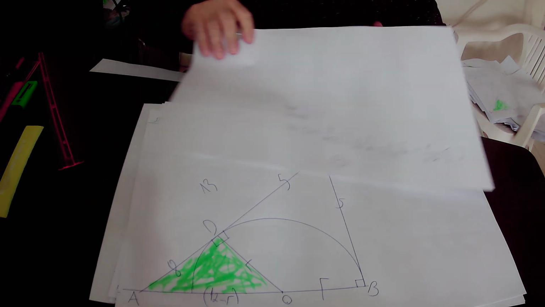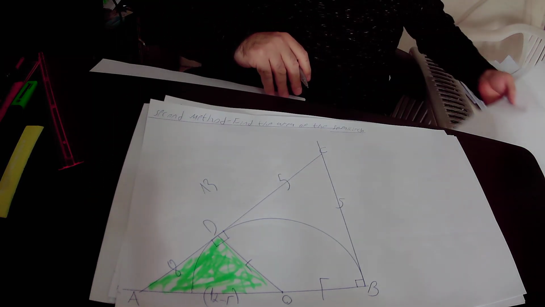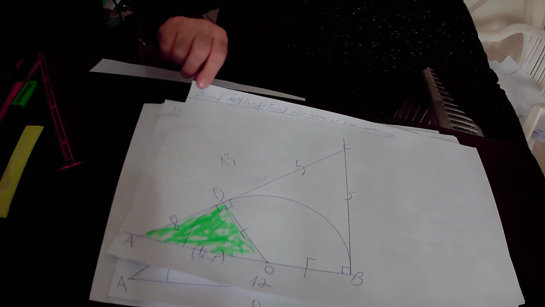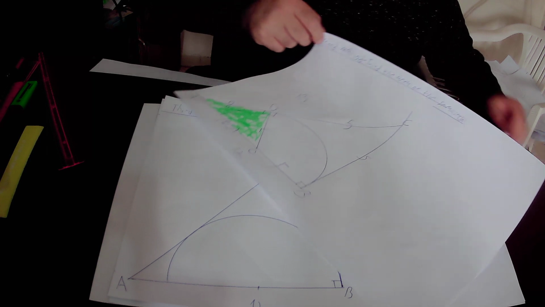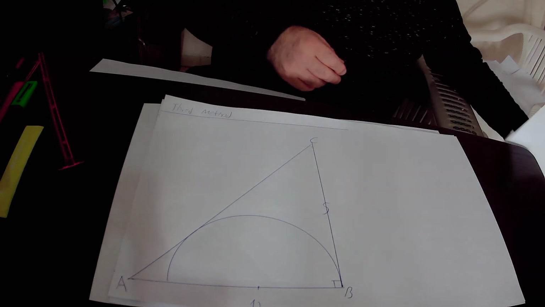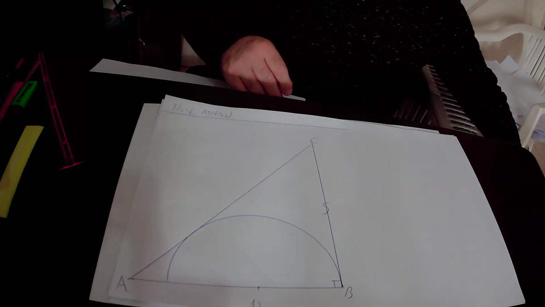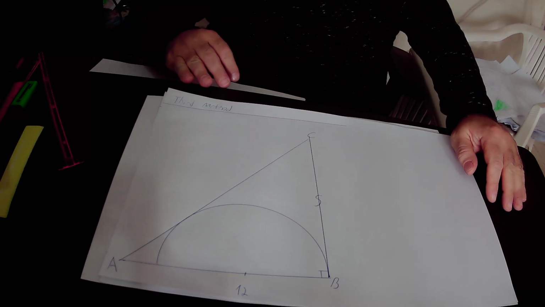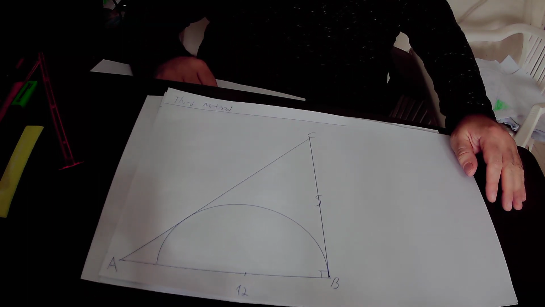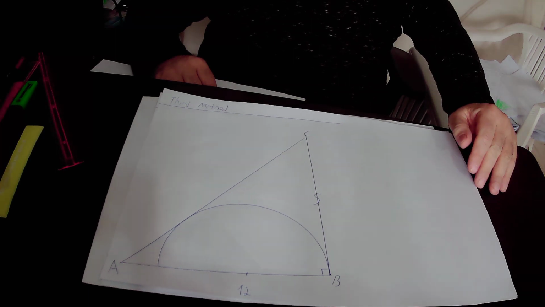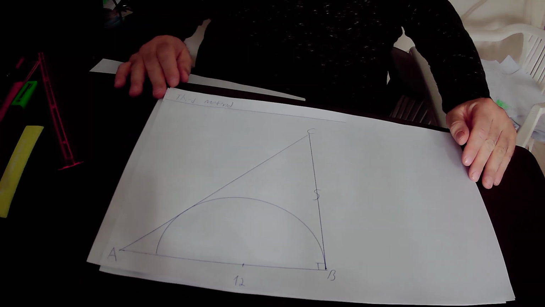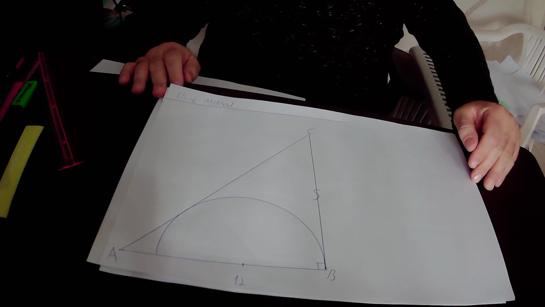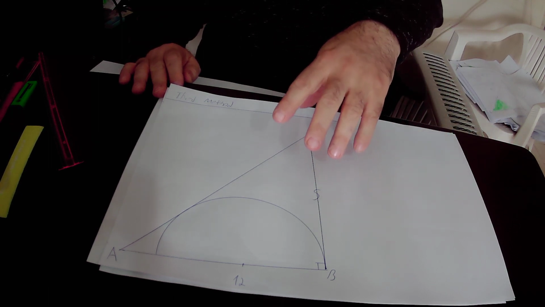Okay, so we actually finished with the second method. In the next step I will present to you how to find the area of this semicircle according to a third method. Actually, in the third method we will draw a mirror image of this figure.